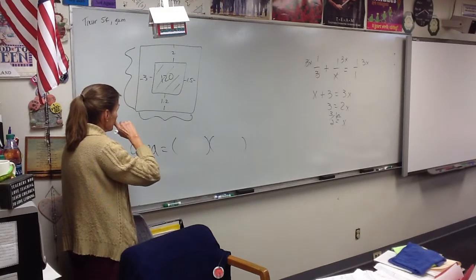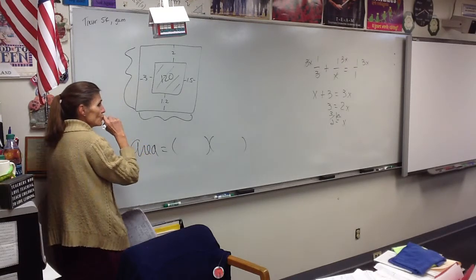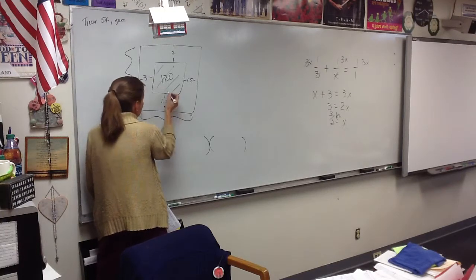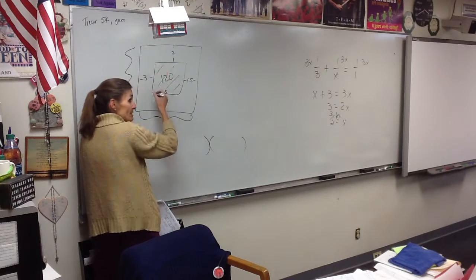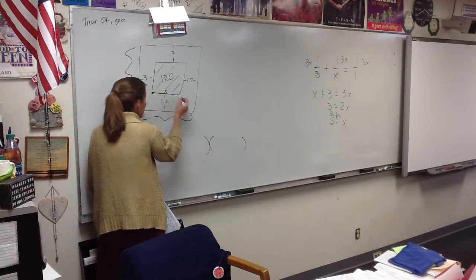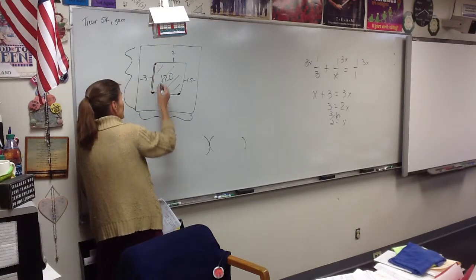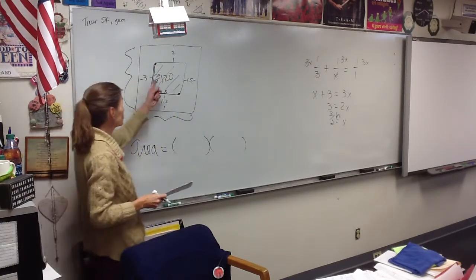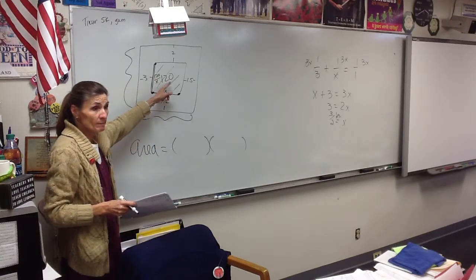On those little squiggles. On 120. Would it be like under the 120? This could be x, right here, that could be x. This could also be x, it doesn't matter which one, but one of these is x. And then what's the other one? 120 over x, because these two times each other have to be 120.